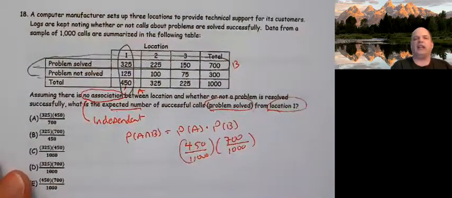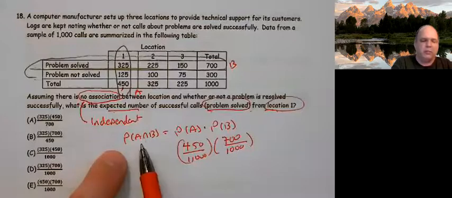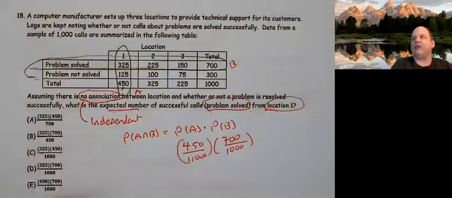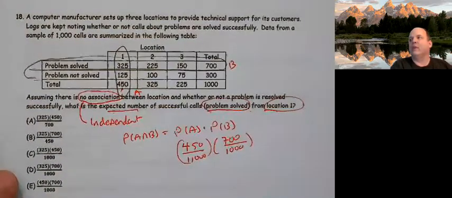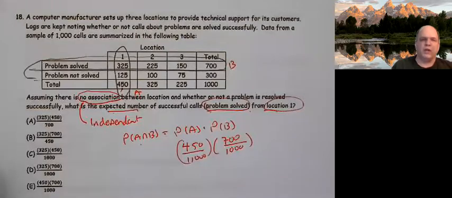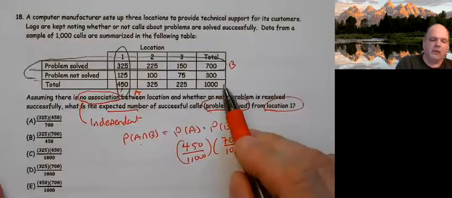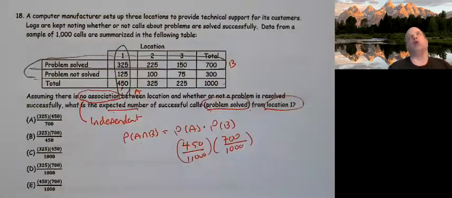But they didn't ask me for the probability. This would be the probability. They asked me for the expected value. Well, the expected value means I need to multiply by the total. Because if I say, hey, we're going to shoot at the basket, you make 80% of the shots and you shoot 100 times, you're going to go, well, I'm going to make 80 baskets.